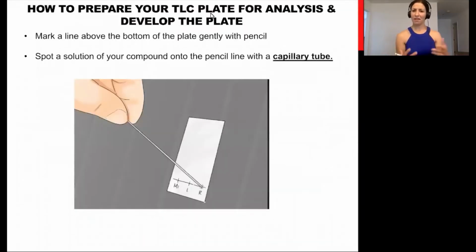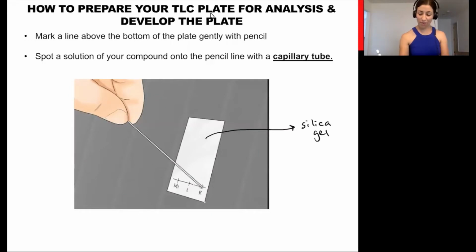Before we talk about how this separation works, let's work through the logistics of how you're going to start with solutions of molecules you're interested in the lab and get them into your TLC chamber. So you're going to start by receiving a TLC plate from your instructor, and that TLC plate is coated with silica gel white powder on the surface.